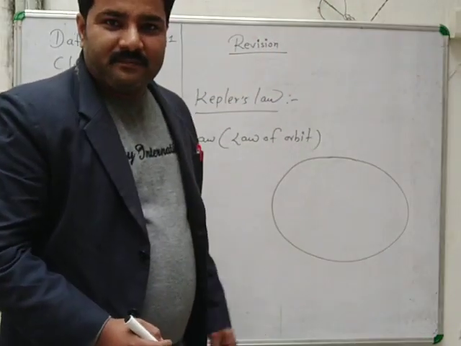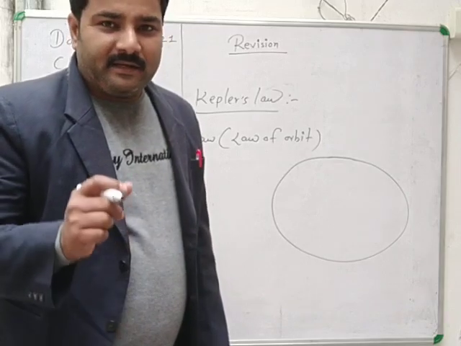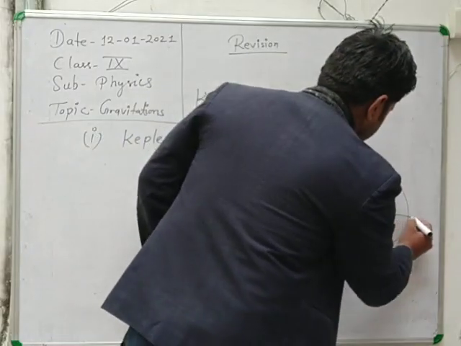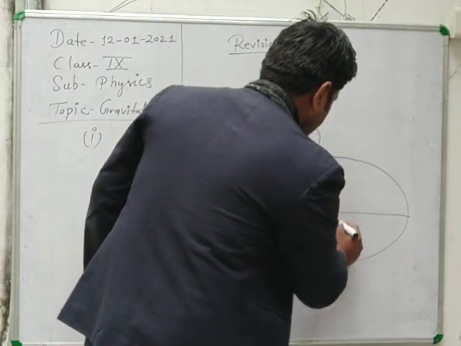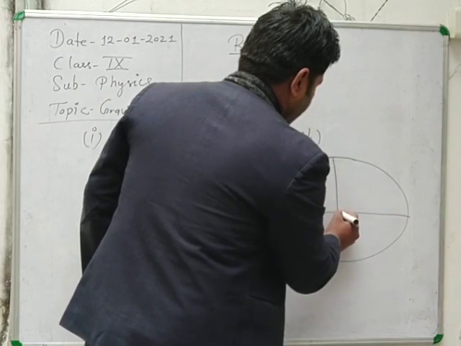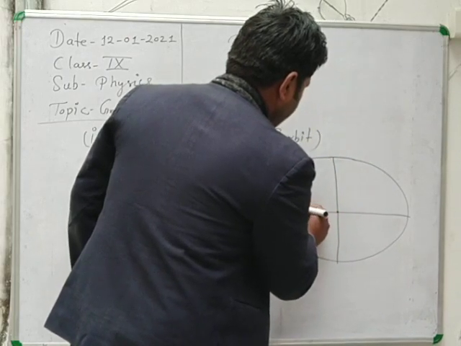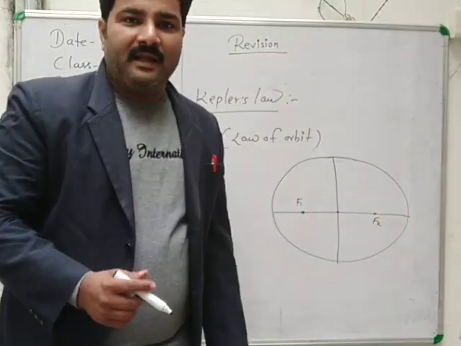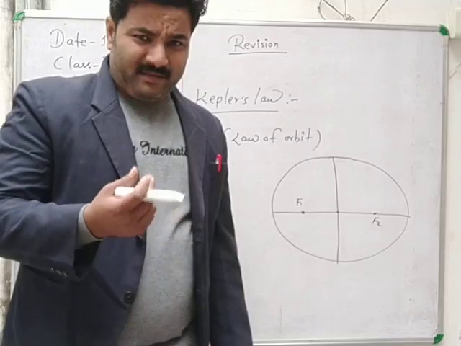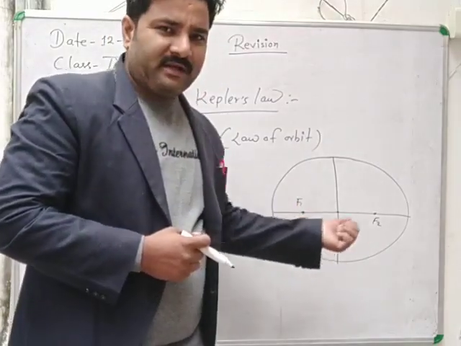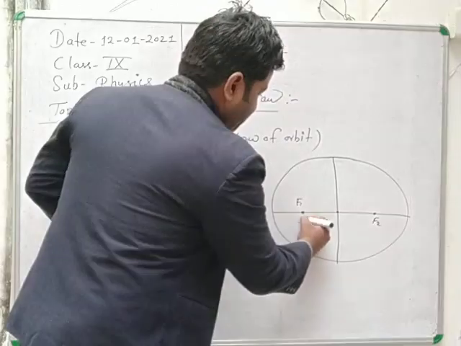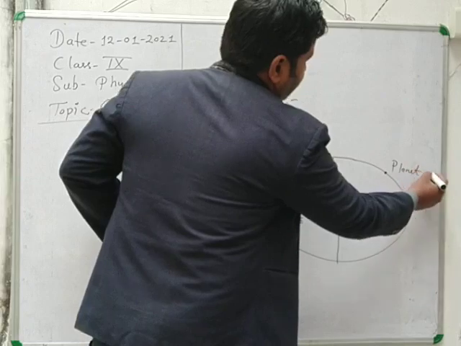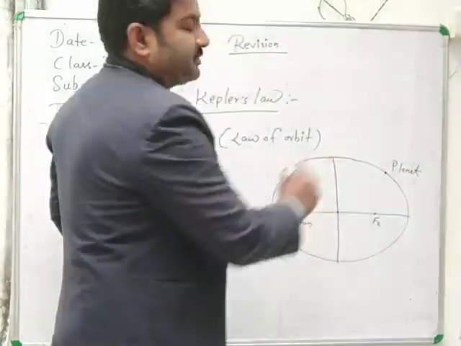This is the elliptical path, and every planet revolves around the sun in an elliptical orbit, and the sun lies at any one focus, either at F1 or F2. Here this is the position of the sun and this is the position of the planet.